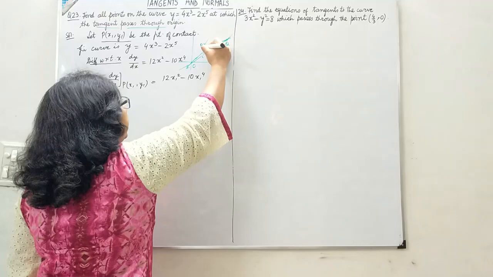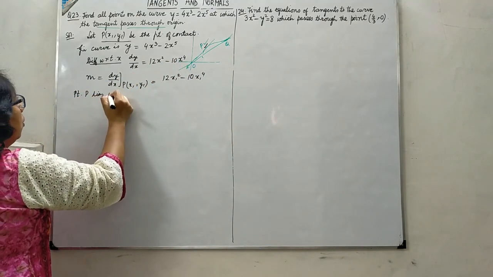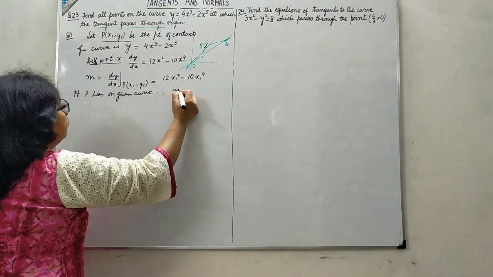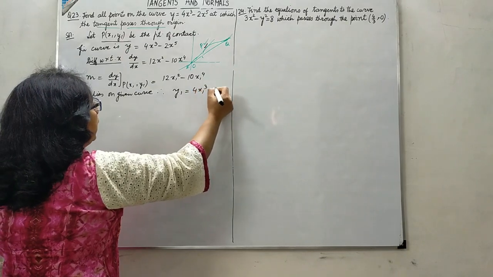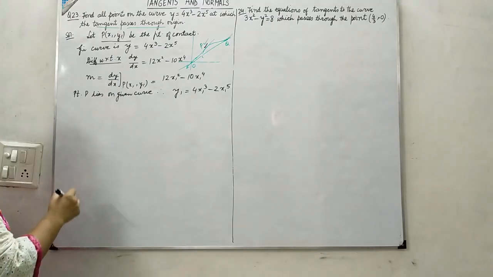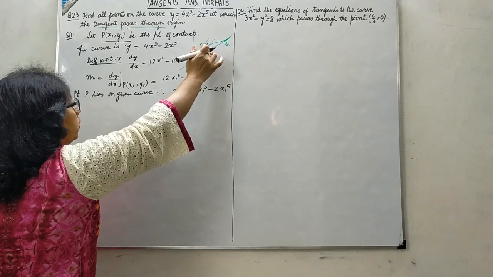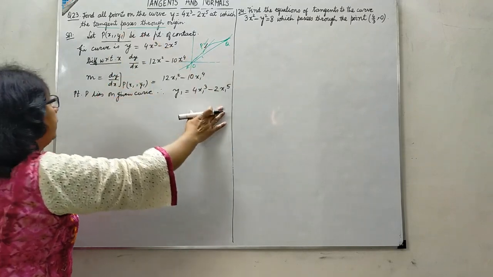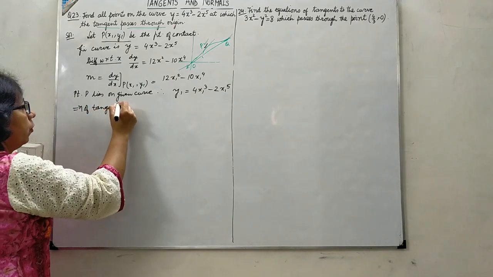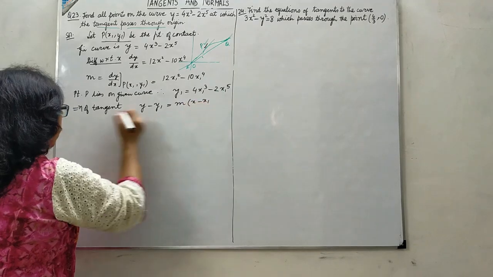Now, this point of contact lies on the curve as well. Point P lies on the given curve. Therefore, y1 must be 4x1 cube minus 2x1 to the power 5. These are the same steps we have done earlier so many times. Now, this is the slope and this is the point of contact we have, and the equation of tangent I can find with the help of the formula y minus y1 as m times x minus x1.